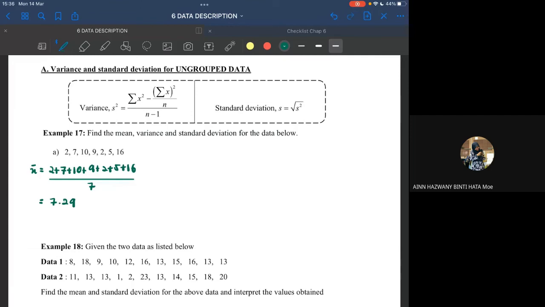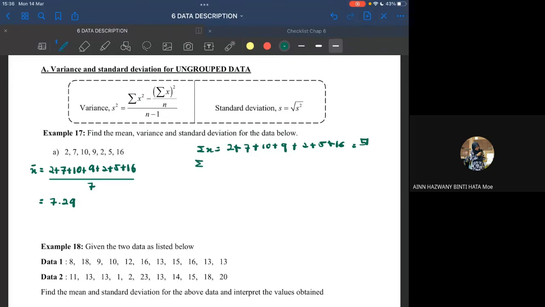And then to find the variance, we need the summation of x. Okay, summation of x ialah yang inilah yang kita kira tadi. So summation of x is equals to 2 plus 7 plus 10 plus 9 plus 2 plus 5 plus 16, which is here we have 51. Okay, and then we need summation of x square.